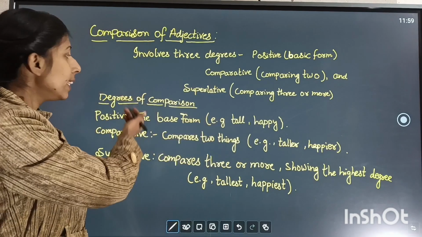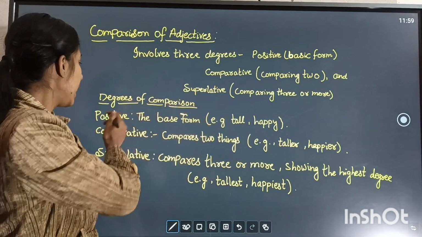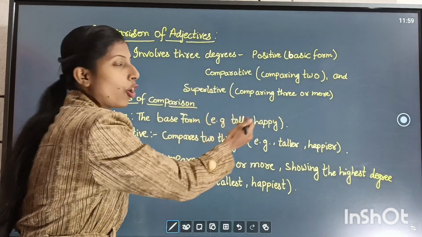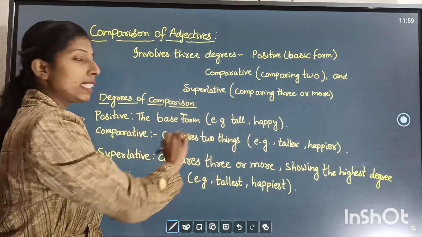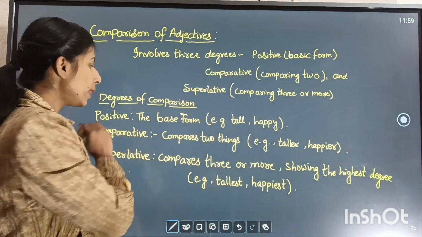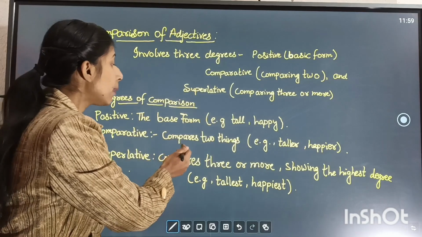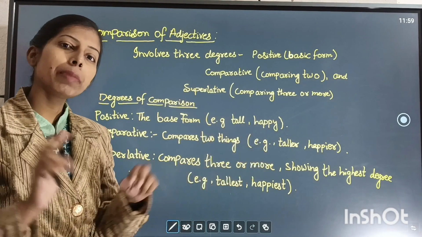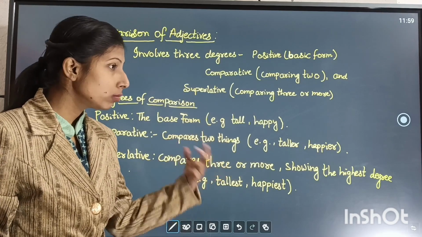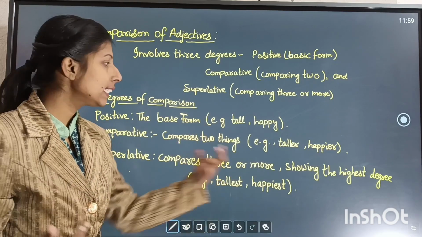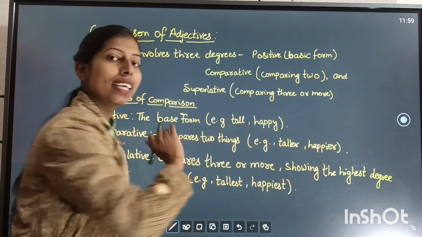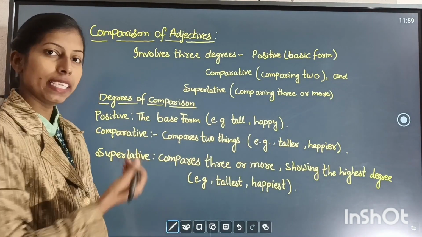Okay, degrees of comparison. Positive is the basic form, that is tall and happy. The basic form words are tall, happy, and many more. Comparative compares two things. When we compare between two persons or two things, that is taller, happier, which we call the comparative degree.